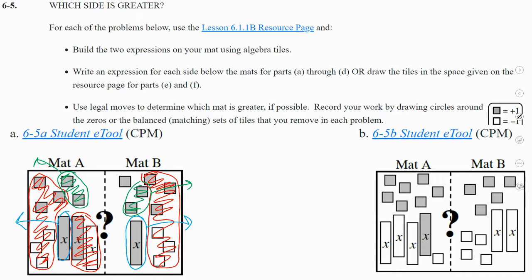Same thing, I got rid of those X tiles. And I'm left with, on mat A, I just have 0. There's nothing left. And on mat B, I have 1. So 0 is less than 1, therefore mat B is greater.